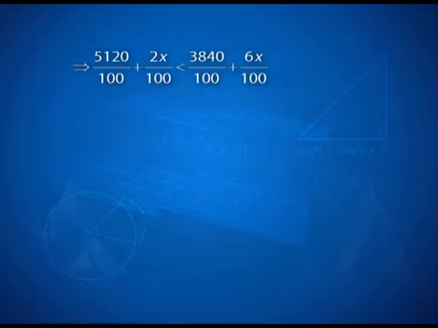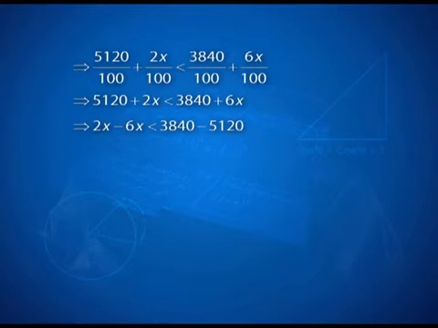5120 upon 100 plus 2x upon 100 is less than 3840 upon 100 plus 6x upon 100. On solving, we get 2x minus 6x is less than 3840 minus 5120, further giving us minus 4x is less than minus 1280.